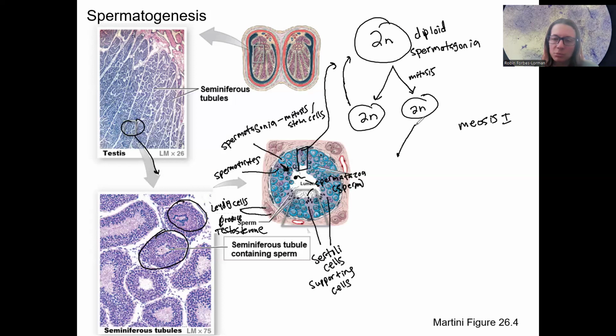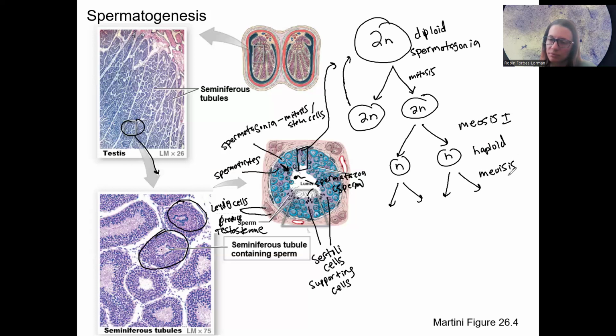This is where we first produce two haploid cells. These cells divide again in meiosis 2, to result in 4 haploid spermatids.